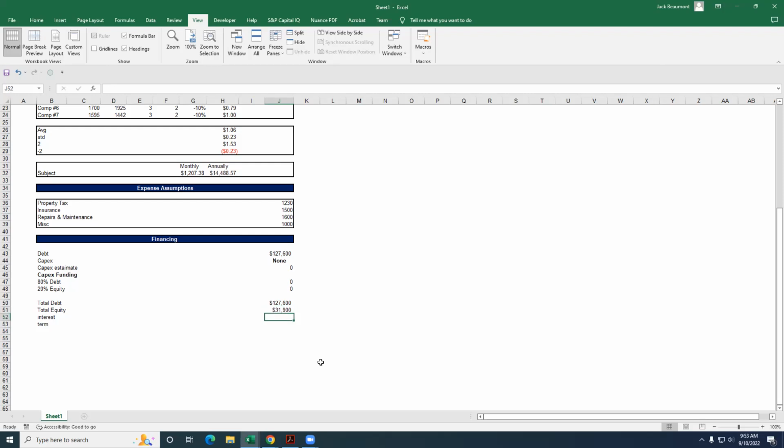And so 200 basis points above that would be 3.5, which was about what I think interest rates were around, 3.5%, 4% at the end of last year. So I'm going to put 4% as our assumption here. This will change depending on the person, but let's use that for our analysis.